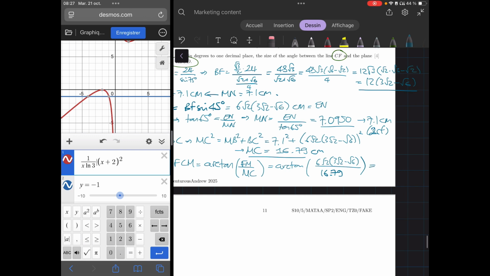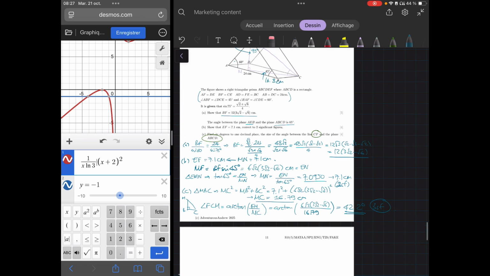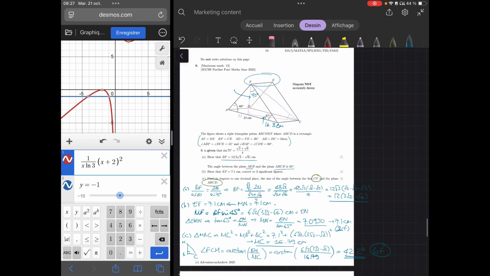And you will get 42.2 degrees as the final answer. And this is the end of paper 2. I know this 3D trigonometry question is quite challenging, but I hope you find it useful.